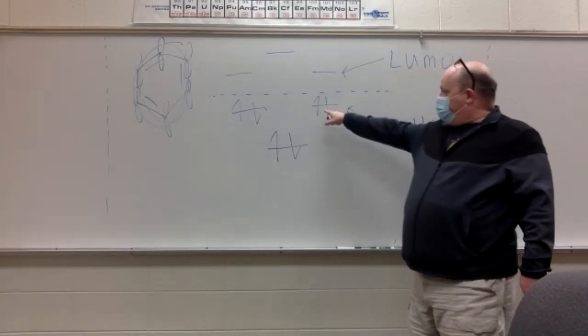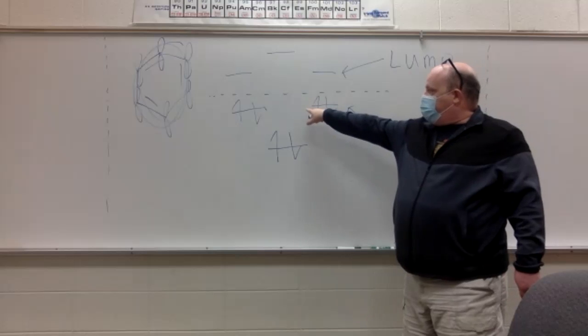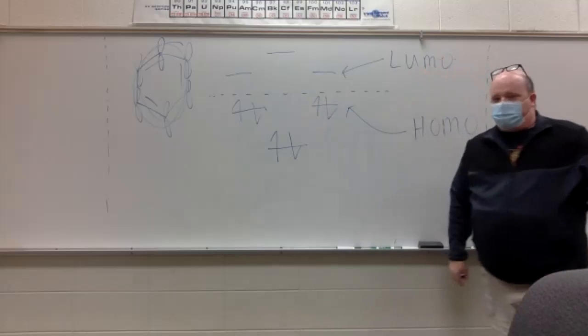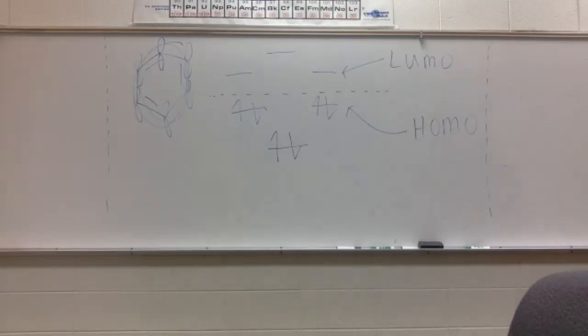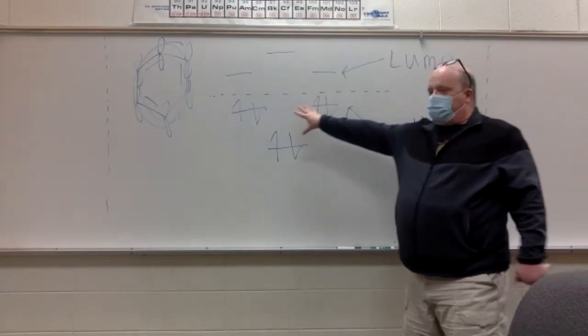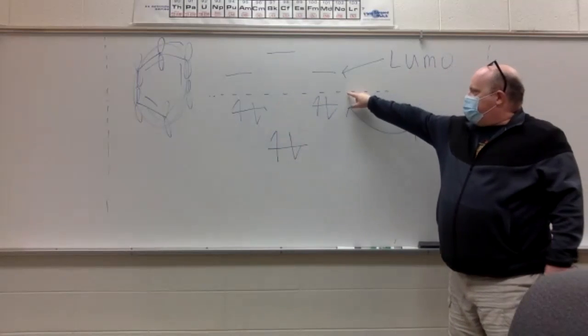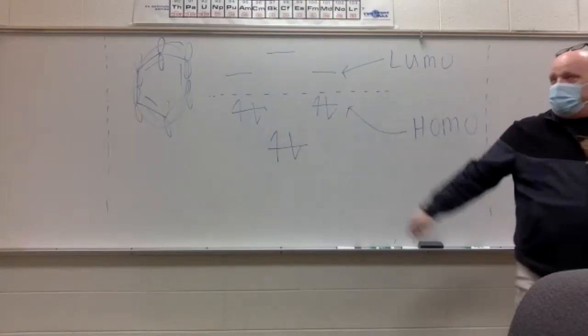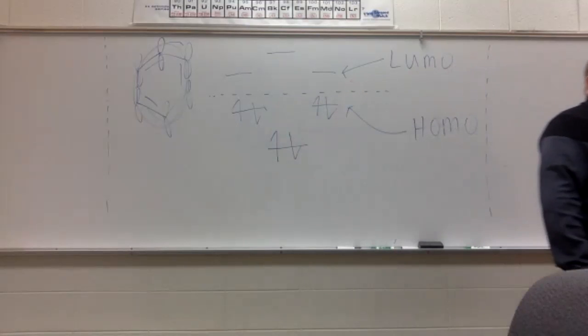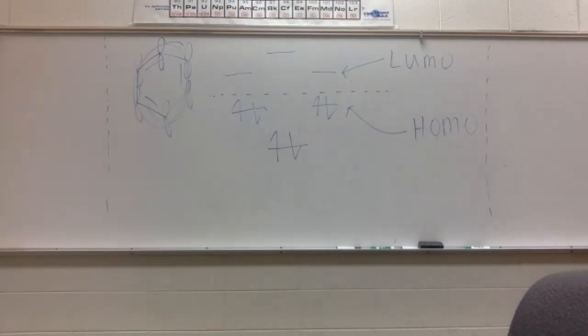Also, if these orbitals right here, your HOMOs, are not completely filled, that can add to instability. All right? So if you have an aromatic species, your molecular orbital diagram should look something similar to this, where the orbitals just below this dividing line are completely filled, the ones above it are completely empty. Okay?